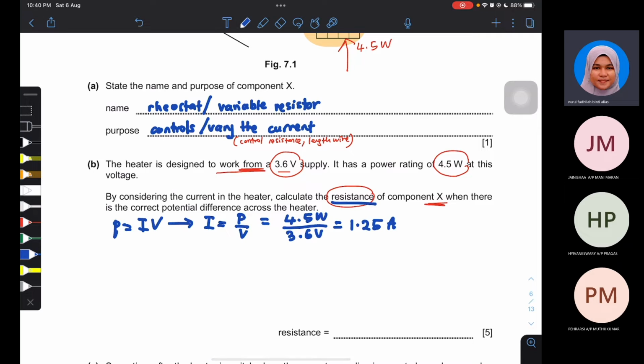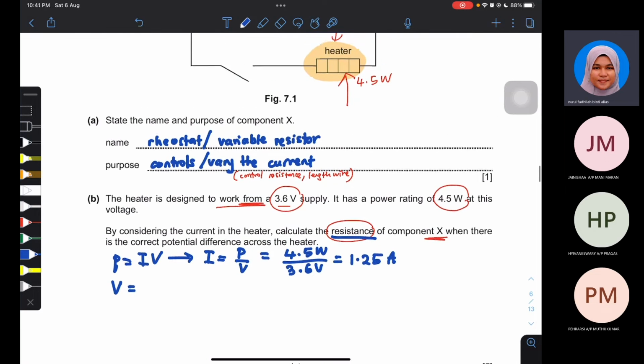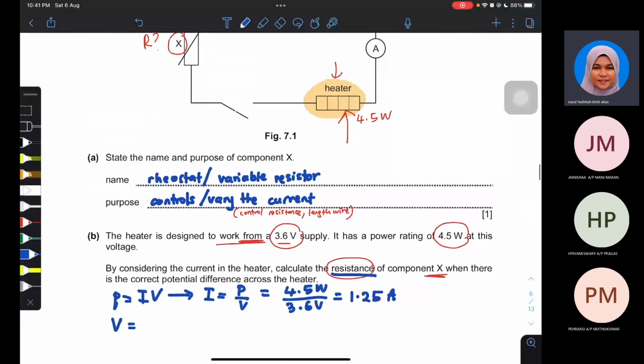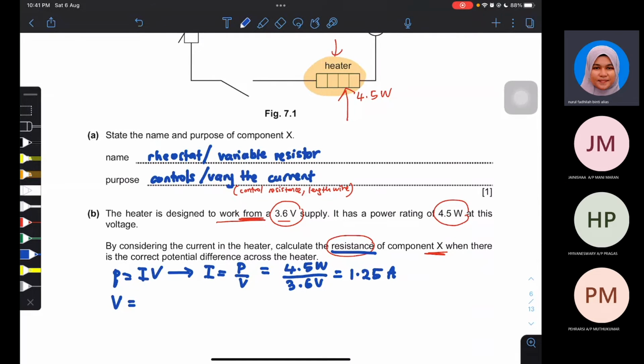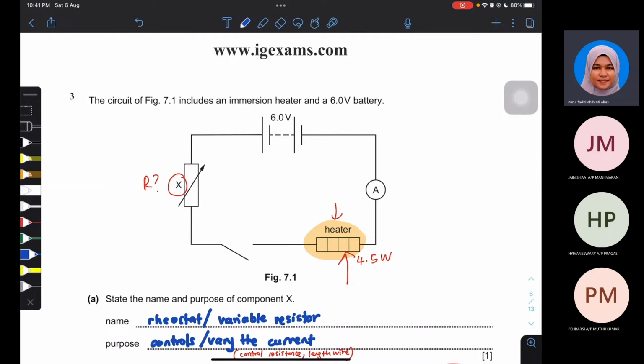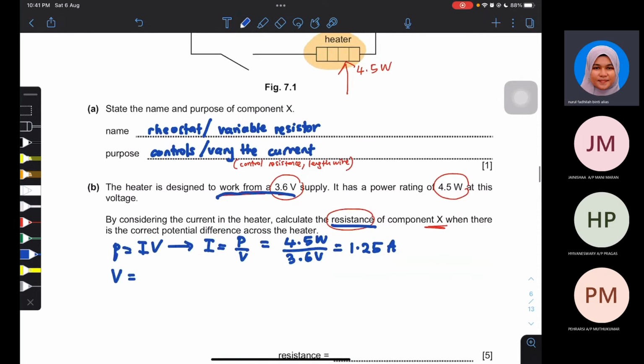Soalan nak resistance. Okay. Now, voltage yang kita nak sebenarnya berapa? Bukan 6 kan? Bukan 6, bukan 3.6. Ini adalah dia boleh berfungsi daripada 3.6. Tapi sekarang kita ada voltage 6 volt. Right? Jadi voltage dia 6 volt minus 3.6 volt. Berapa difference tu? So that's 2.4 volts.